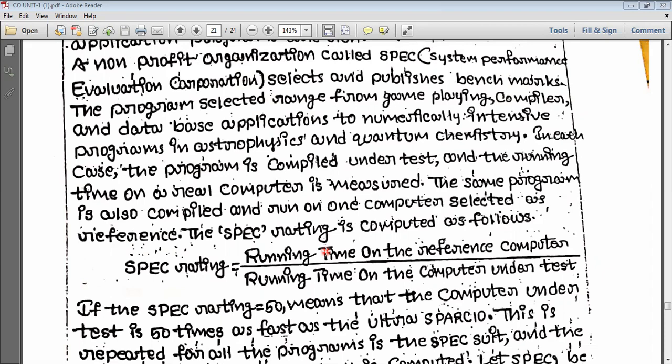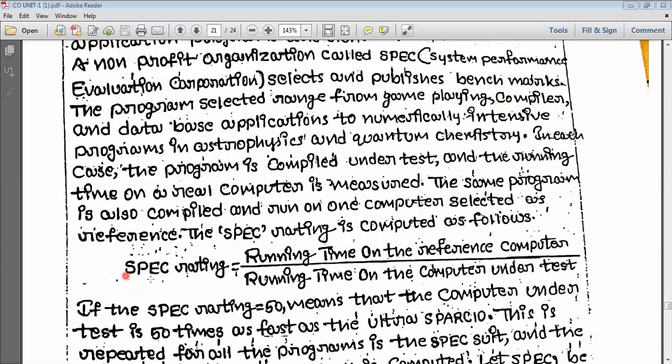Here we compare the total characteristics of the reference computer and the computer under test. If the computer under test is comparable to the reference computer, then we say the computer under test has good performance. Actually, by comparing, we know the performance of the computer.